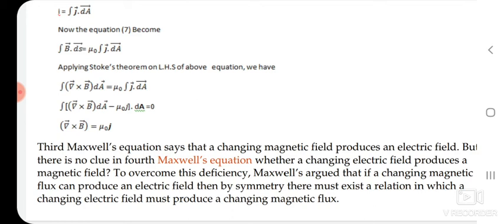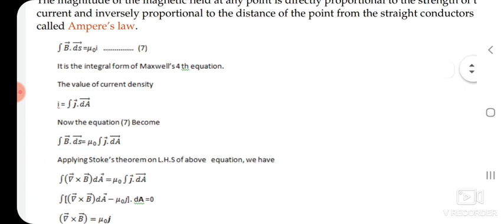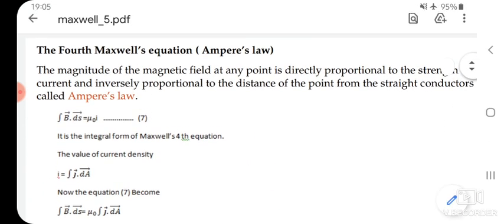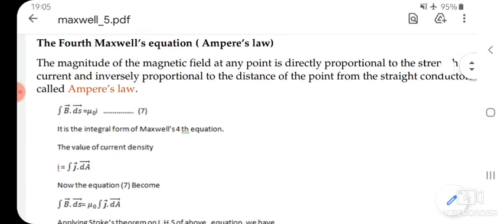To overcome this deficiency, Maxwell argued that if a change in magnetic flux can produce an electric field, then by symmetry there must exist a relation in which a changing electric field produces a changing magnetic flux. Okay, this is all about Maxwell's fourth equation.